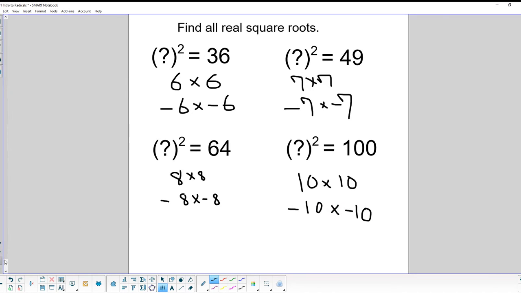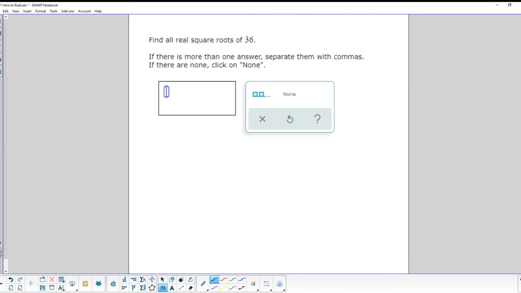All right, so that's what we're talking about when they say that they all have actually 2 different square roots. Okay, so on Alex, you might get a problem that says, find all the real square roots of 36. If there's more than one answer, separate them with commas. So when you do the square root of 36, and you might use your calculator, what you end up finding out is that it's 6 times 6 and -6 times -6.